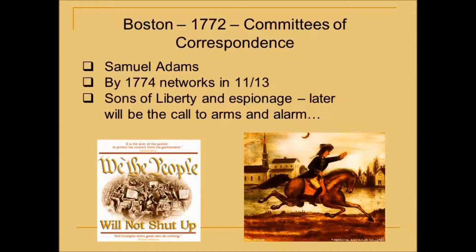Later, we'll use the Sons of Liberty more as a call to arms and alarm. The British is coming, that kind of thing. But in the beginning, 1772 to 74, they are really just a group to antagonize the British and to keep up with their movements. What are they doing now? And to spread the word of what they're doing throughout the colonies.